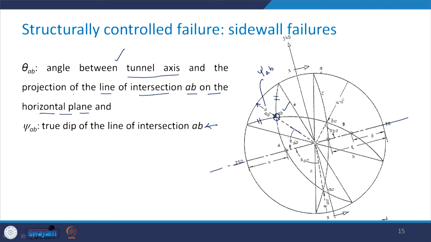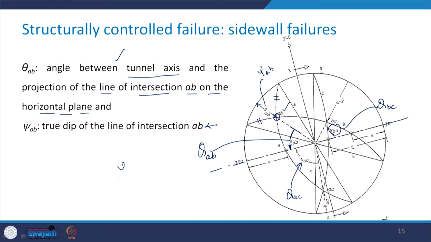So the angle between these two is going to give me the angle theta AB. Similarly, I can find out the angle theta AC in this manner, and here this angle is theta BC.